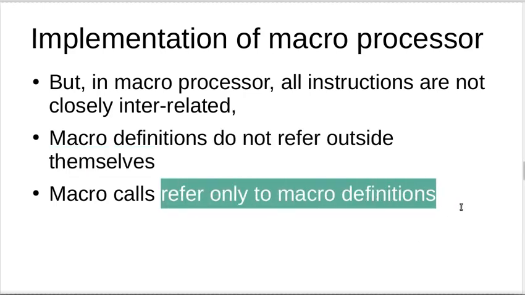The macro calls do not link to any other instruction in an assembly language source program. So this is a particular speciality of macro code: the instructions are not so closely interrelated, because macro definitions have no link with any instruction outside themselves, and macro calls only link with macro definitions.